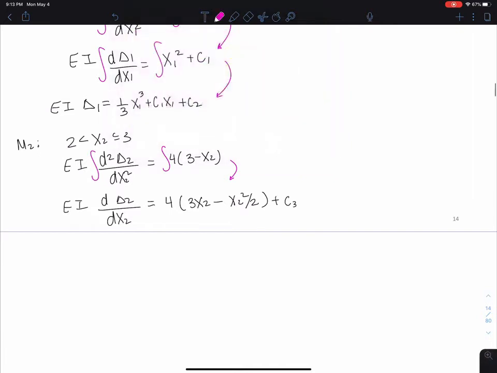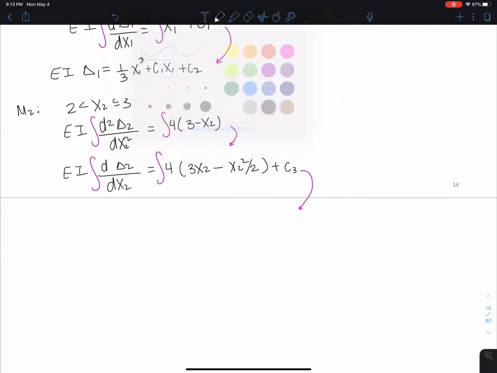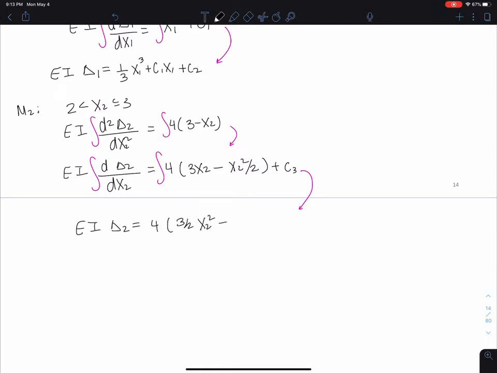And then I can take another integral, and I can get EI delta 2 equals 4 times (3 over 2 x2 squared minus x2 cubed over 6) plus c3 x2 plus another integration constant.